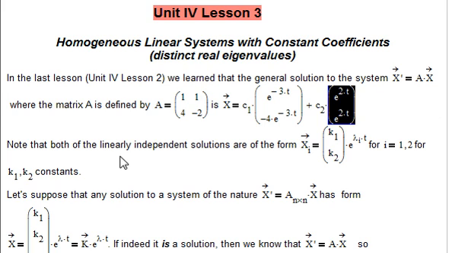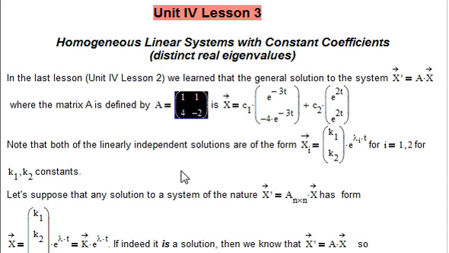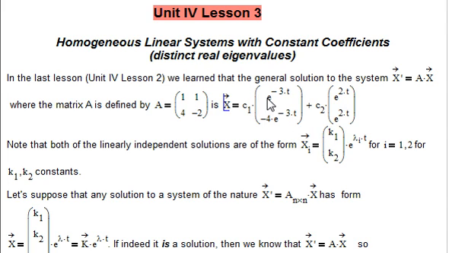And in the system we looked at, we could notice that both of the linearly independent solutions are of the form x sub i equals constants k1, k2, 1 and negative 4 in this case, and 1 and 1 in this case, times e to the lambda sub i t. In this case, lambda sub i was negative 3, in this case it was 2, for those particular constants.